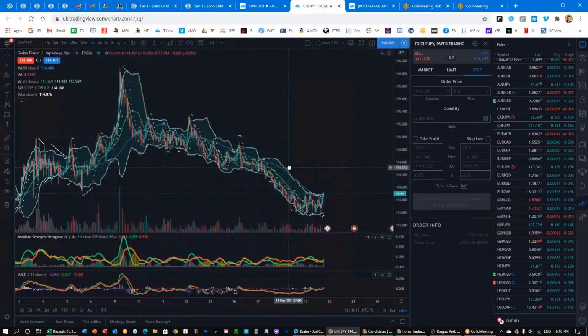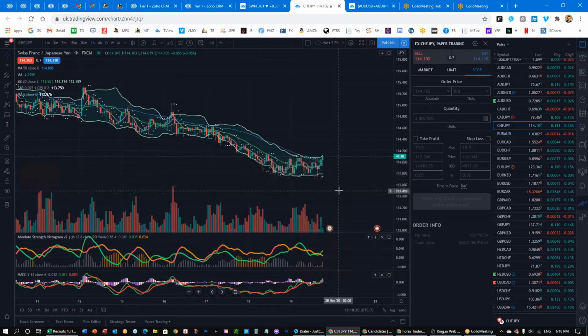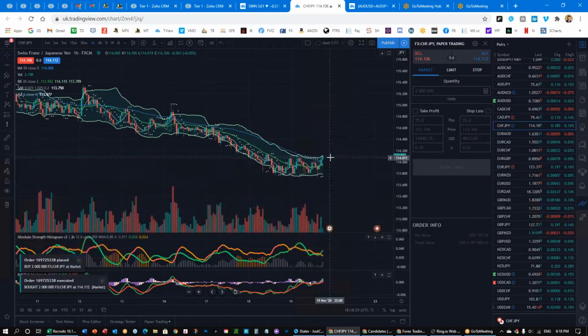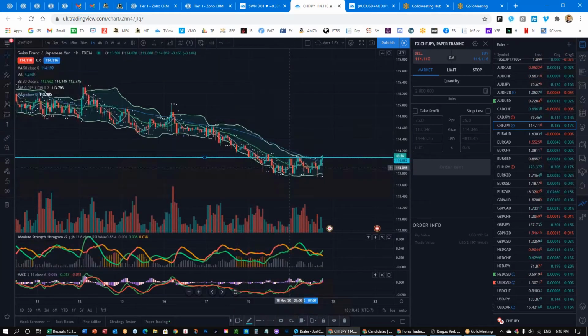Okay, this one looks like it's kind of breaking out. So that's breaking above. I might just put an order on there, because now it's breaking above this line right there, which it kept trying to break above, and it suddenly just broke it on pretty good volume.